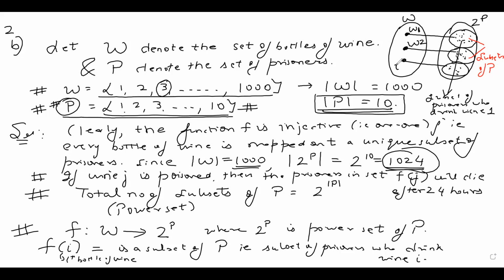Suppose I say that wine WJ is the poison wine, then those people who are in this particular set who have consumed wine J will die after 24 hours. So basically, the king needs to devise this function. The king needs to make this function, where every bottle of wine will be mapped onto a unique subset of prisoners. And from the death of one of the sets, you can find out which wine was poisoned by reverse mapping.